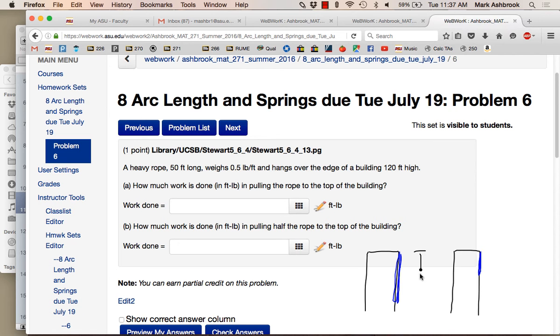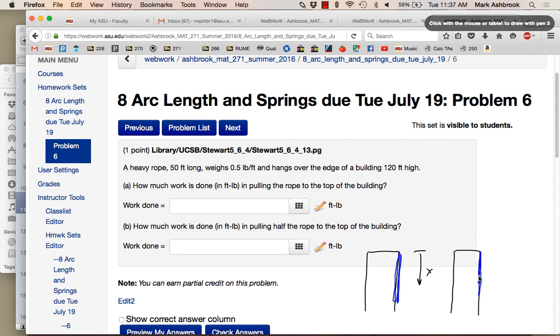So if your frame of reference is this, it's not going to be 25 to 50. Yeah, I think what it's asking for is the first half of the rope, because I did 25 to 50. And oh, all right, right. My bad. Okay, so exactly. I knew something was wrong.